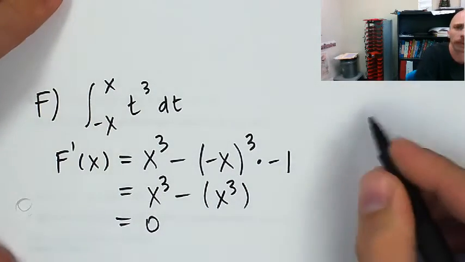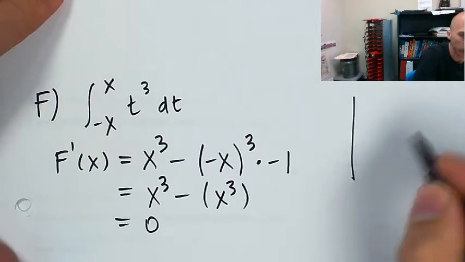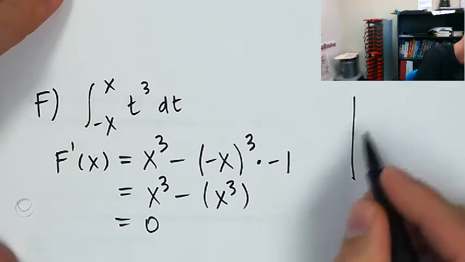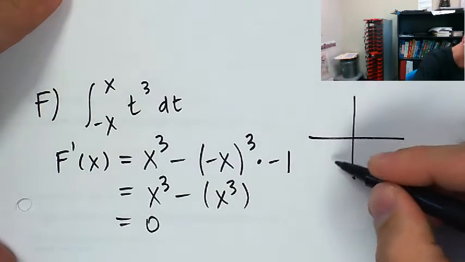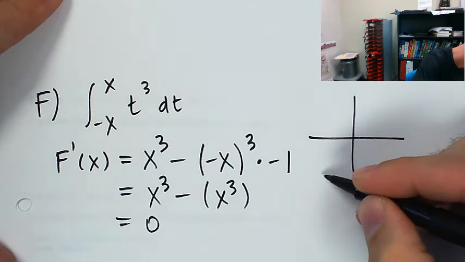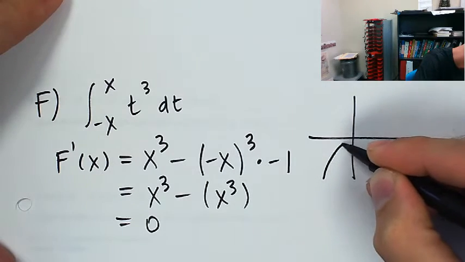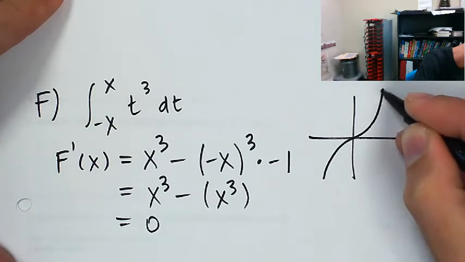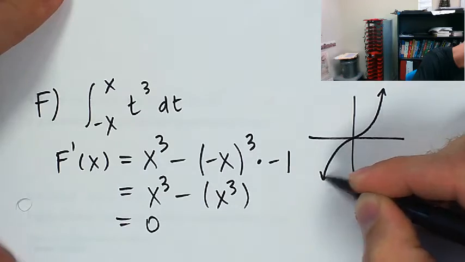Okay, why? You might be saying, wait, how did you know that? Okay, here's the graph of y equals x to the third. It's an odd function, which means it has symmetry around the origin.